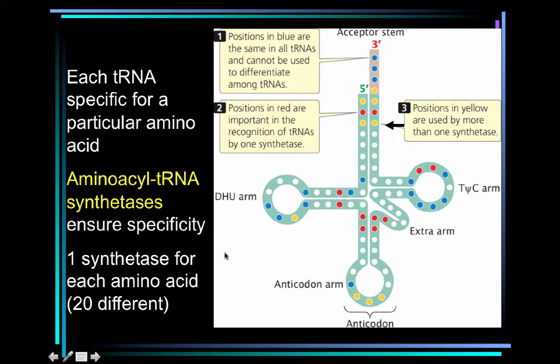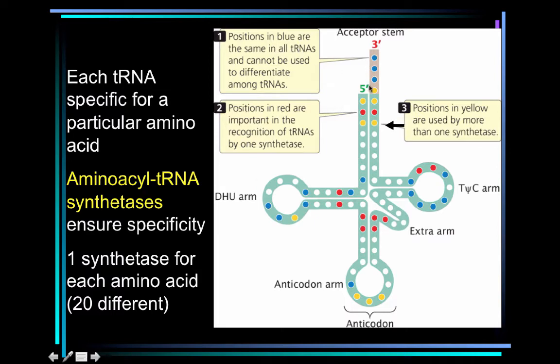So another enzyme that is at play here in the tRNA charging process is aminoacyl transfer RNA synthetases. And these synthetases, or these different enzymes, really ensure the specificity to take place. Okay, so there's going to be one synthetase for each amino acid, and there's 20 different amino acids, therefore there's going to be 20 different synthetases.